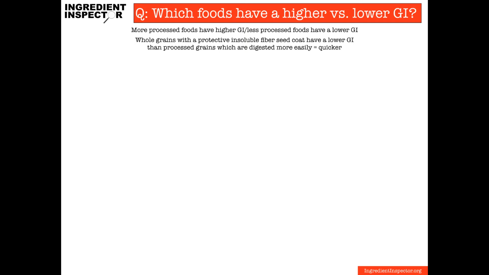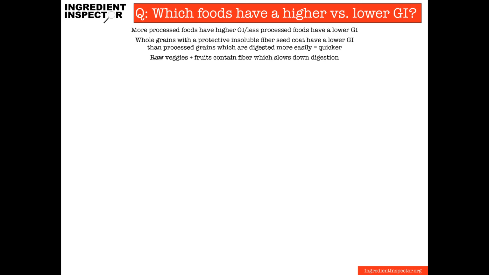So a whole grain, because it takes longer to digest because it has this insoluble fiber on the outside of it, has a lower glycemic index than processed grains, which don't have this protective coating, right? They've been processed into, say, white flour, and those are digested more easily, which has a quicker release of insulin.